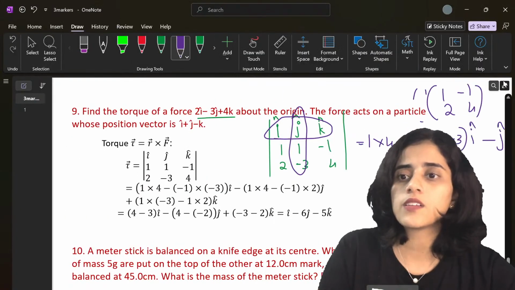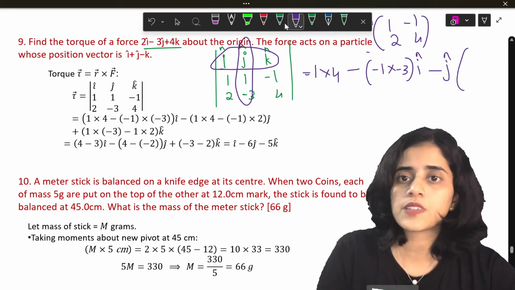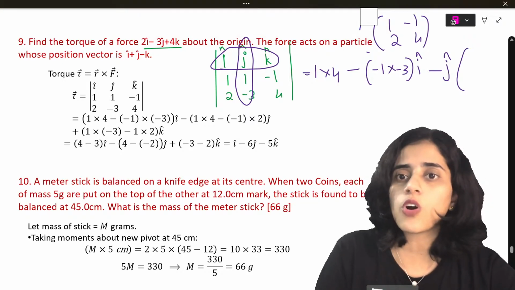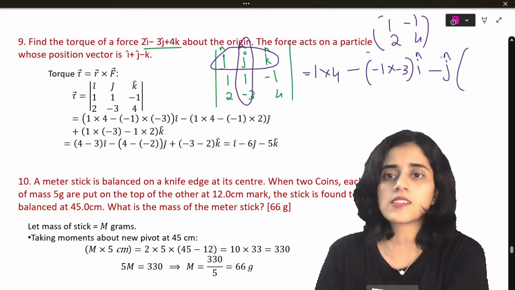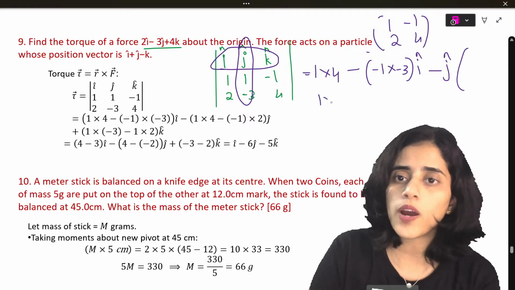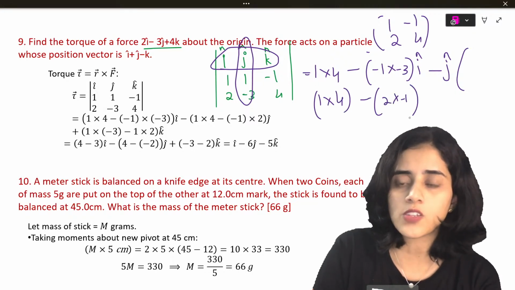This will be my matrix. So again I will do 1 into 4 minus 2 into minus 1.